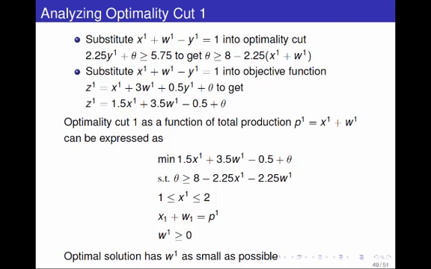So let's draw z1 as a function of total production, which is x1 plus w1. What the NLDS looks like is basically this objective function, which I got from this substitution here, subject to the optimality cut, where in the optimality cut I've gotten rid of y.